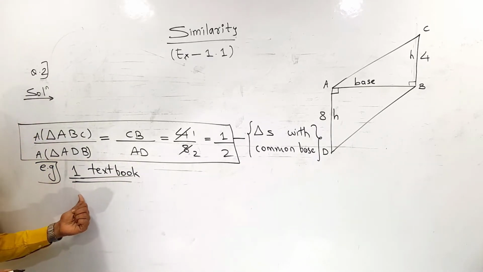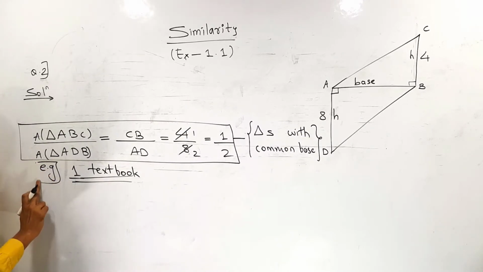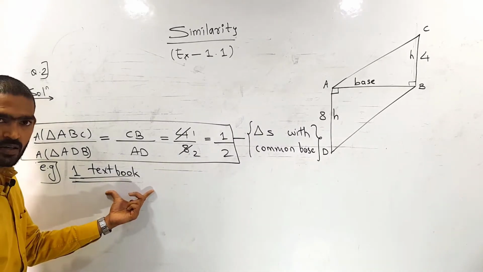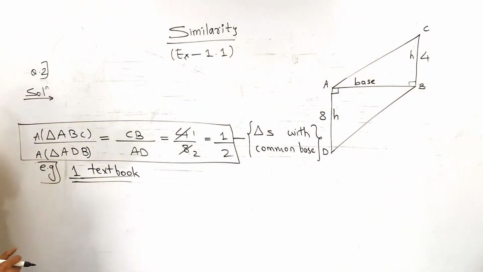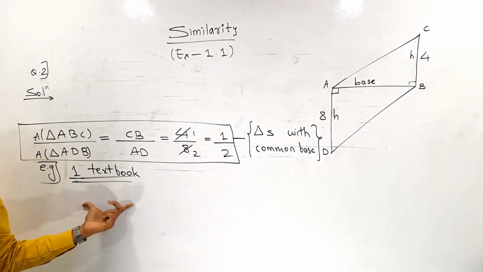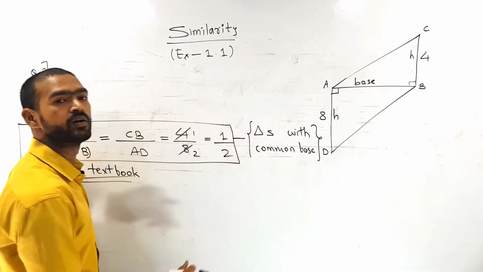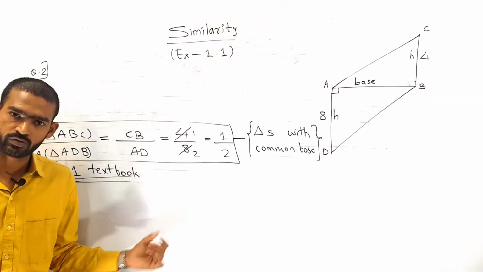Example number 1 in your textbook is dependent upon this property. Clear everyone? So you can go through first example of your textbook. It follows the same property, triangles with common base. Clear anyone? All have understood?